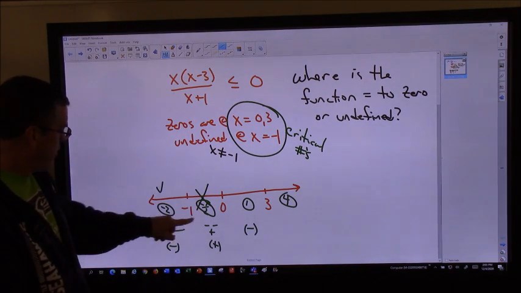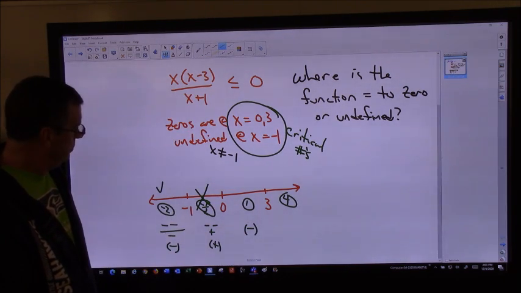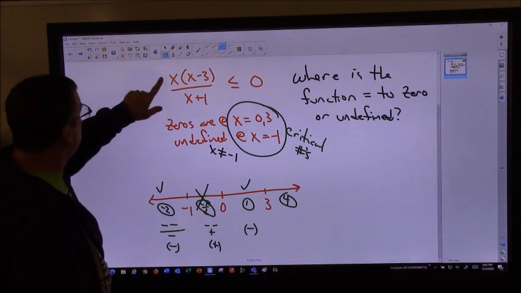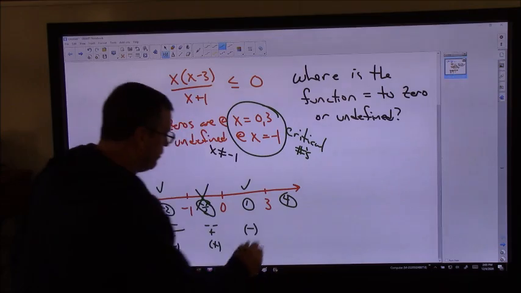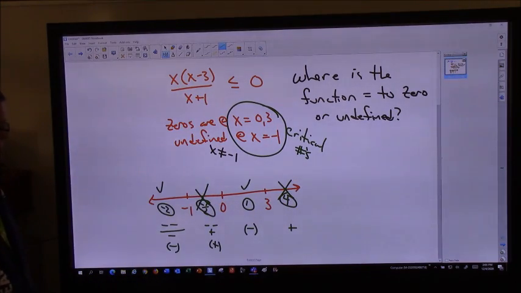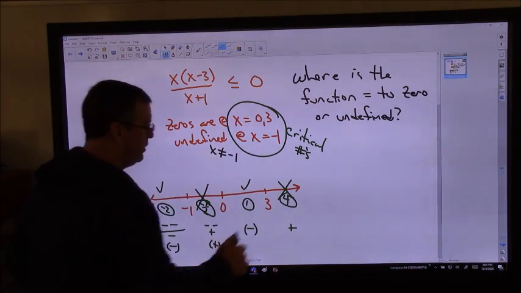So you don't have to write all this stuff down. It's just if it's helpful to you. And that's what I want, so that works. And if I put a 4 in here, I get positive, positive, positive. So that's positive overall. I don't want that. There's my answer. This interval of numbers and this interval.